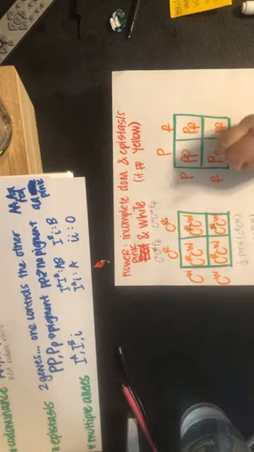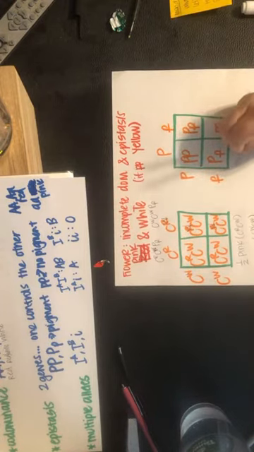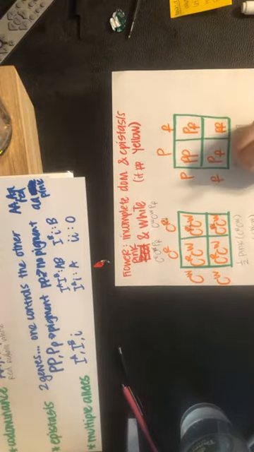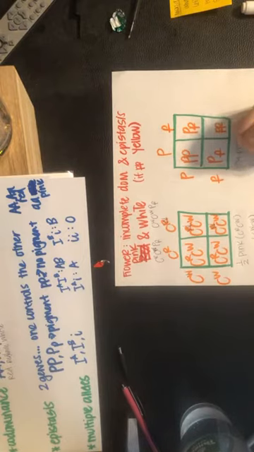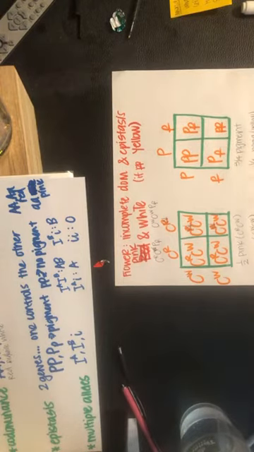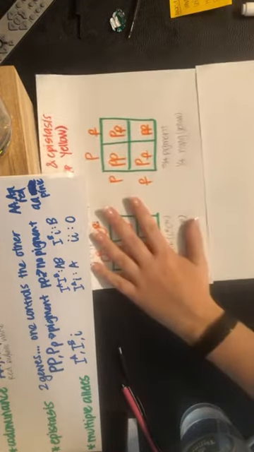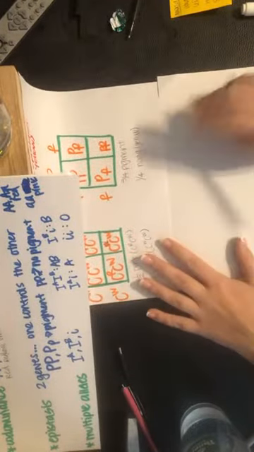And then here we're going to see 3/4 will be pigmented, so we'll see the color that's supposed to be. And then 1/4 will be no pigment, which we said at the beginning is going to be yellow. And so if we wanted to do the math for this, we're going to multiply this together.